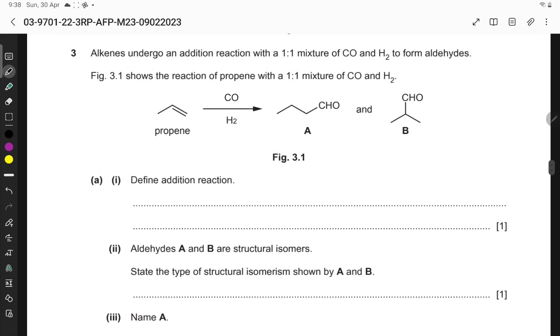Question number 3. Alkenes undergo an addition reaction with a 1:1 mixture of carbon monoxide and hydrogen to form aldehydes. Figure 3.1 shows the reaction of propene with a 1:1 mixture of carbon monoxide and hydrogen. Define addition reaction.